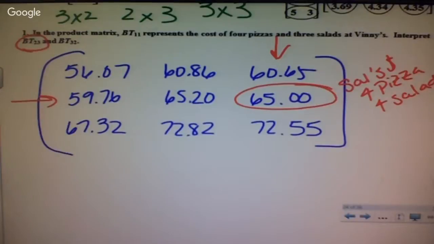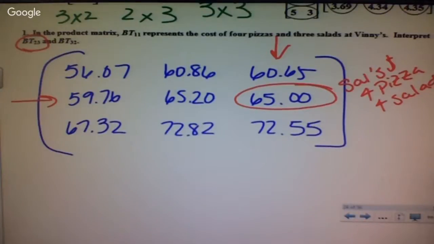Okay. You're in the second row. Well, if you look at that matrix, that's option 2, which was 4 and 4. 4 pizzas, 4 salads. We're in the last column, which was Sal's. So we know we're at Sal's restaurant.